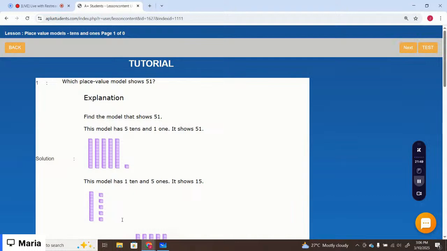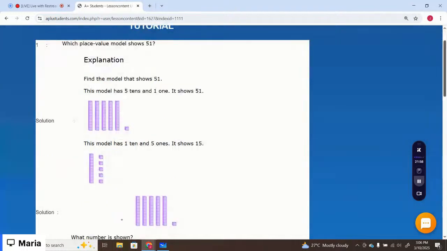These lines that have 10 small squares make tens. And this is the one that makes one, so that is 51. And here is another model. This one shows 1 ten and 5 ones, which makes 15. So the correct option is the one that shows 5 tens and 1 one, which is 51.